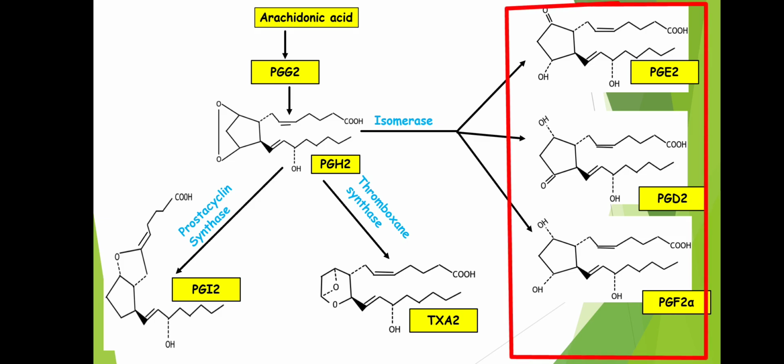Next, if you see carefully, PGE2, PGD2 and PGF2 alpha, these three compounds are collectively known as prostaglandins. Basically, prostaglandins have a 5-membered ring with 2 side chains projecting in opposite directions at right angles to the plane of the ring. Next, TXA2 is thromboxane and PGI2 is prostacyclin.